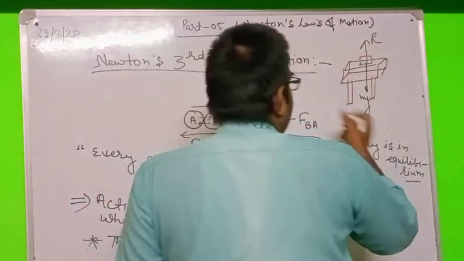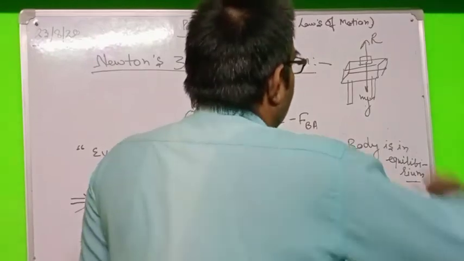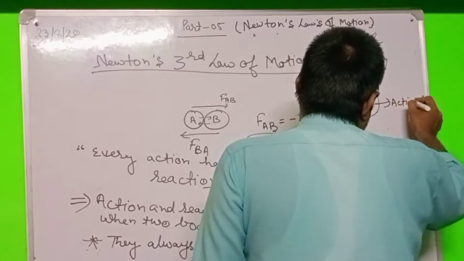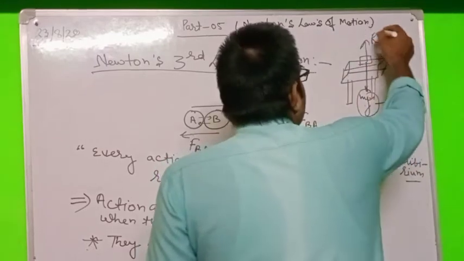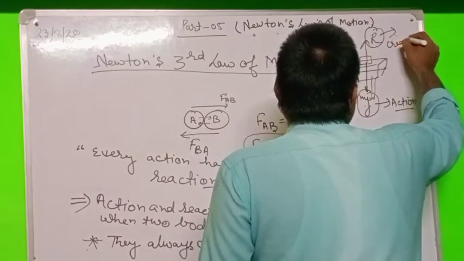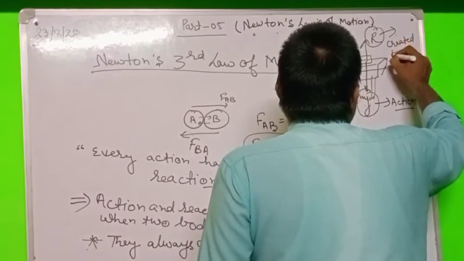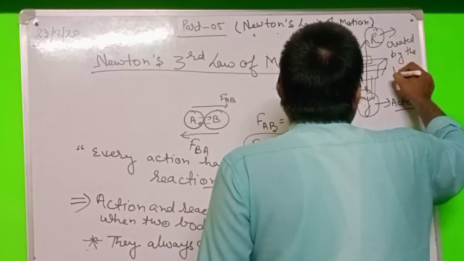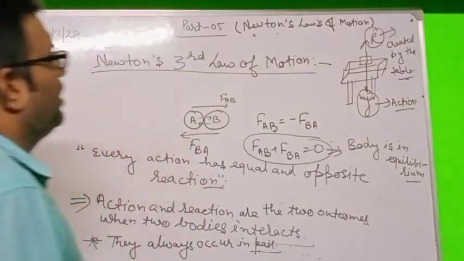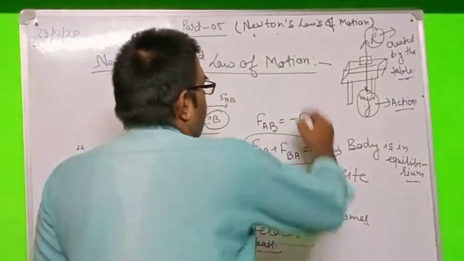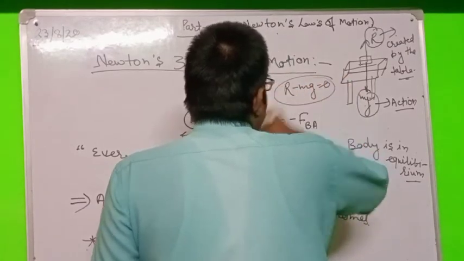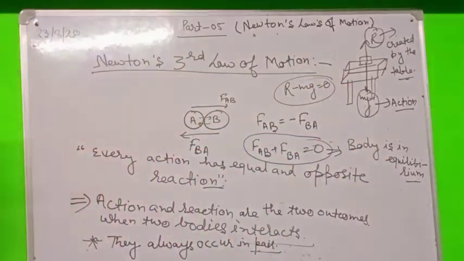Since the book is pulled by the earth by its weight mg, this is the action, and due to this action, a reaction is created by the table. The resultant R minus mg is equal to 0, which means the book is at rest on the table.